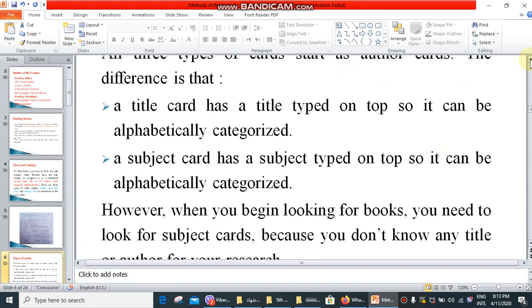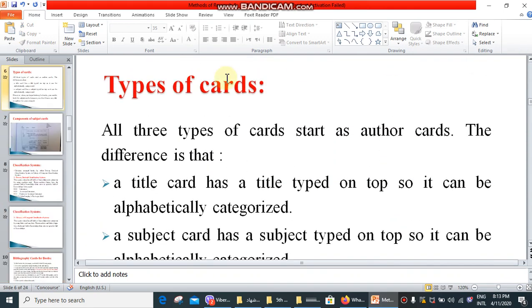Okay, now let us go to an explanation for each type of card. As it is mentioned here, all three types of cards start as author cards. The difference is that a title card has a title typed on top, so it can be alphabetically categorized.